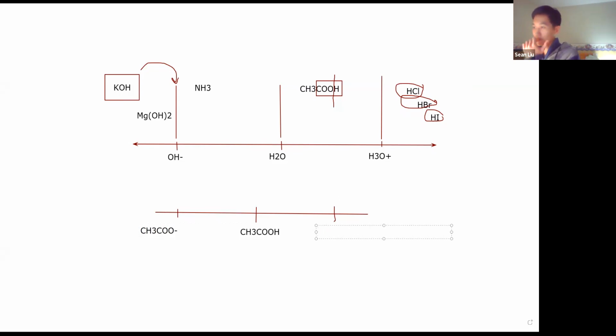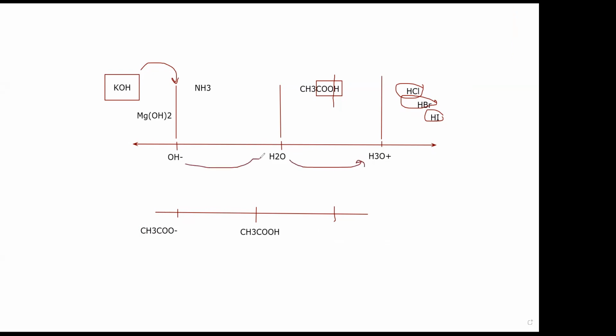Actually, what do you guys think? If you had a conjugate acid of CH3COOH, what would be its formula? If we think back to what we talked about with adding an H plus. CH4COO2 minus.